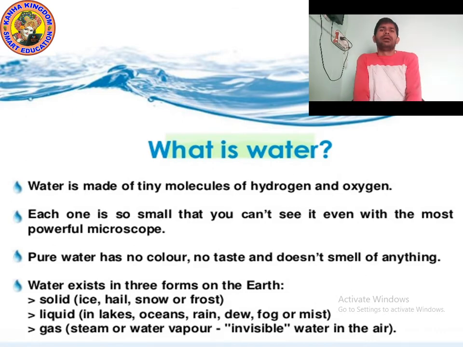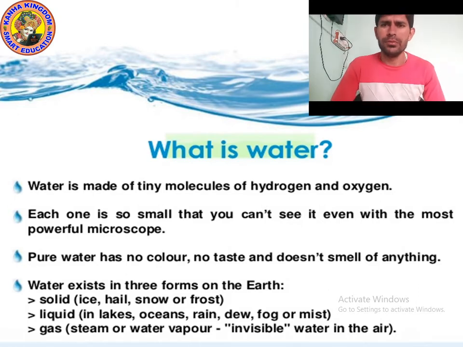And gas is steam or water vapor, which is actually invisible water in the air. So there are three forms of water: solid is ice, hail, snow, frost; liquid is lake, ocean, rain, dew, fog, mist; and gas is steam or water vapor.